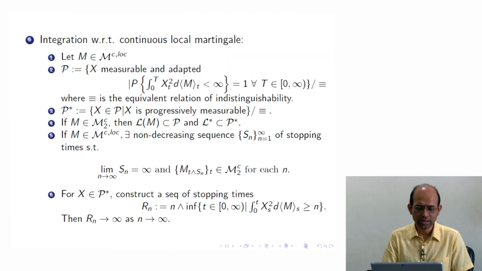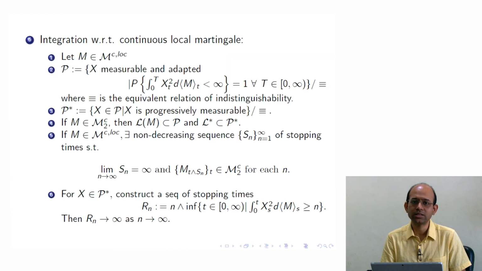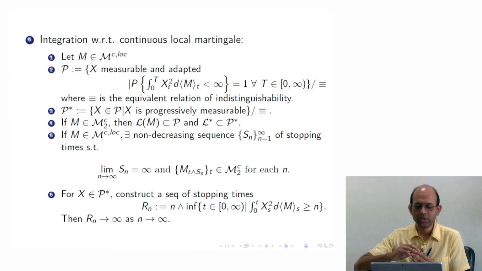So let us see again what is Sn. Sn was a localization of the martingale. We call it localization because there we are stopping it so that we are preventing M from flying away. That means we are localizing it, okay.